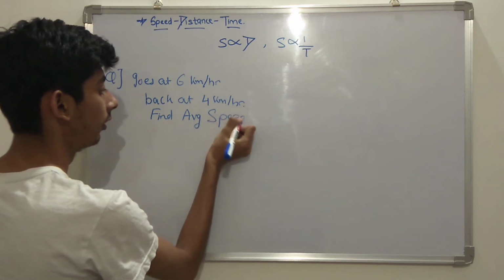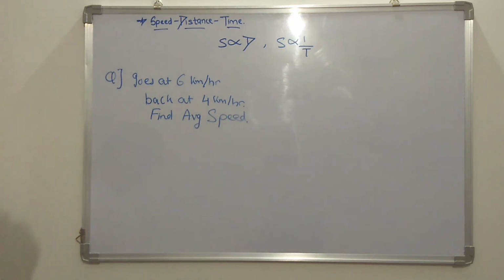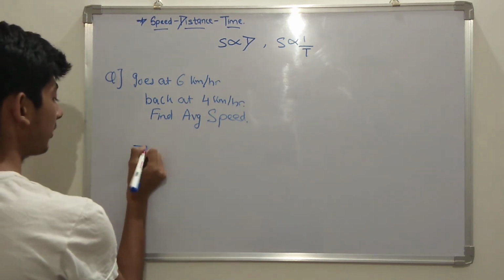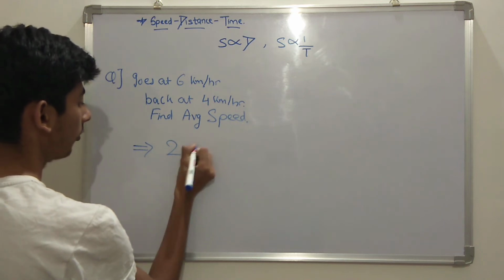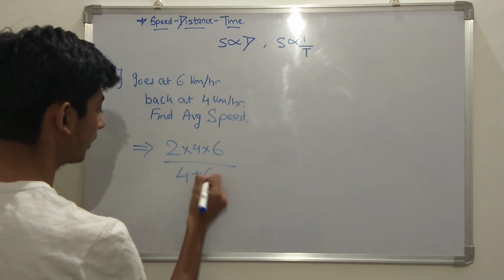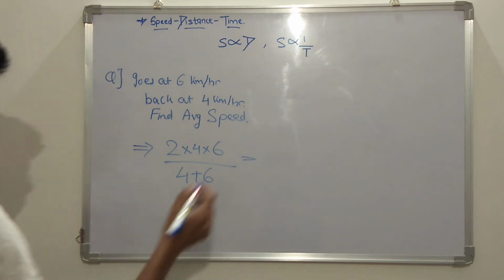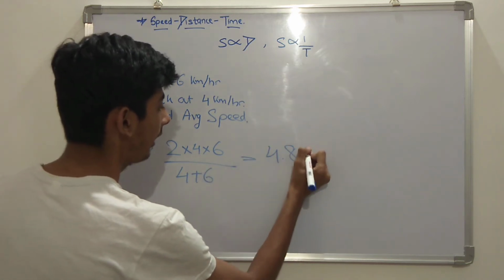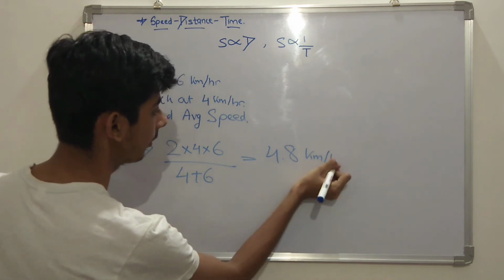As per the formula we just told, the average speed formula is 2xy upon x plus y. When we substitute the values, we get 2 into 4 into 6 upon 4 plus 6, which is equal to 4.8 kilometers per hour.